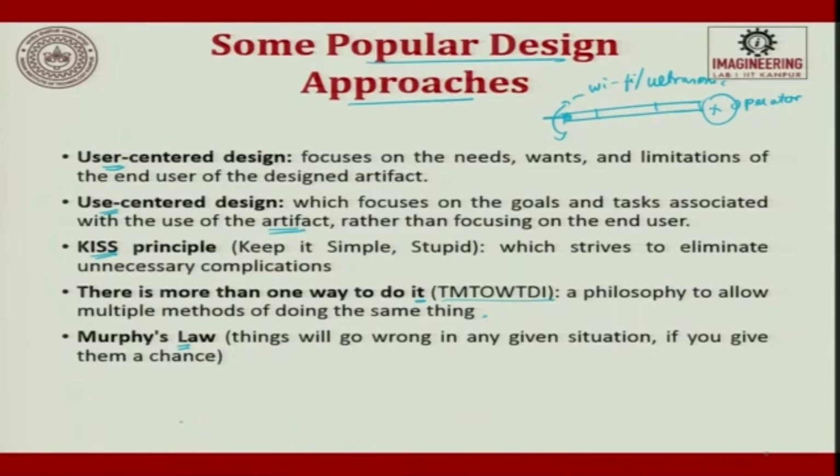And the last approach is Murphy's approach. Things will go wrong in any given situation if you give them a chance. This is Murphy's law. So, here again it is overlapping with the KISS example. Try to make all the assemblies foolproof.